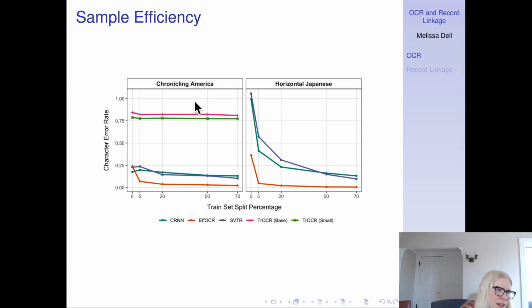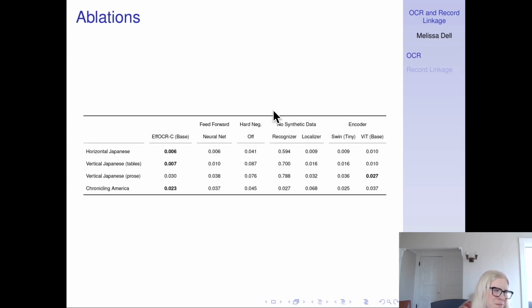As I said, TrOCR is trained on something like 670 million synthetic text lines. So in the realm of fine-tuning on dozens to a few hundred examples, it's not really learning much at all.